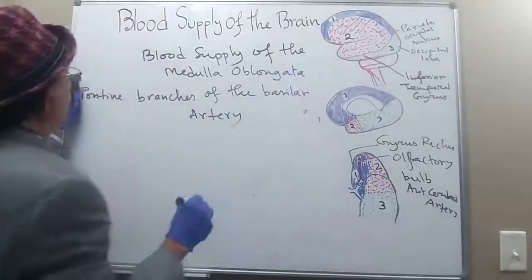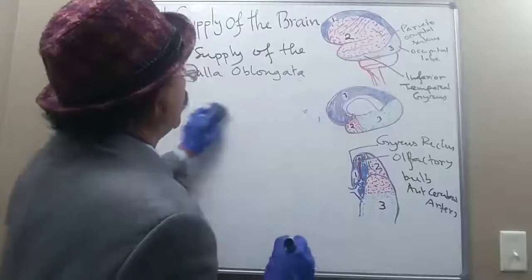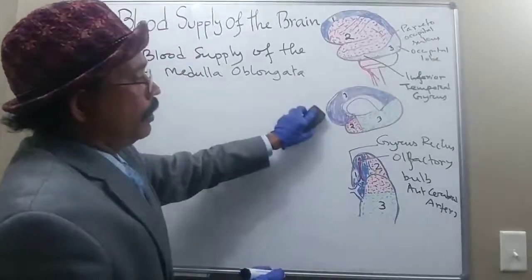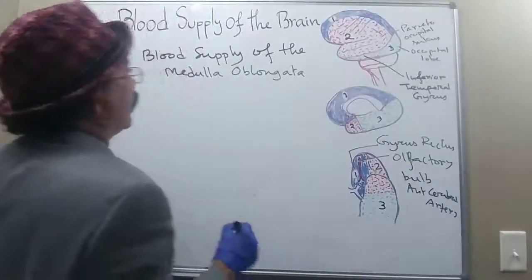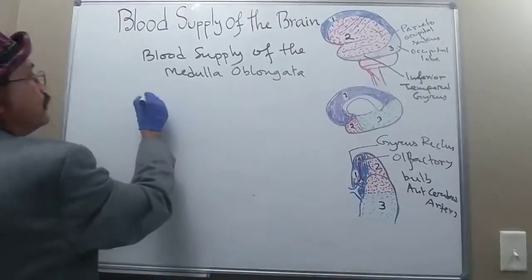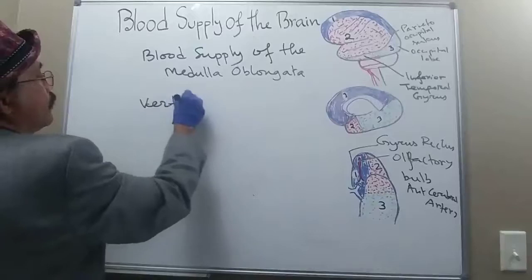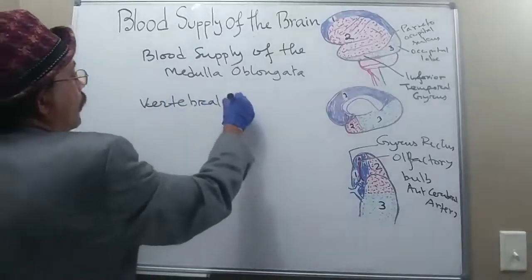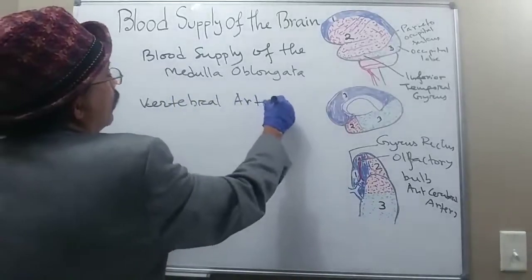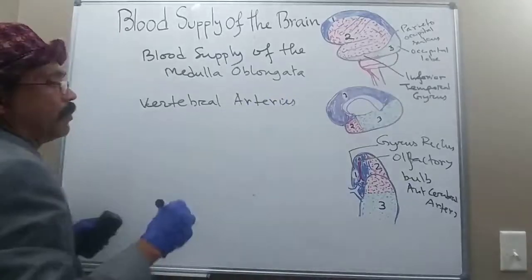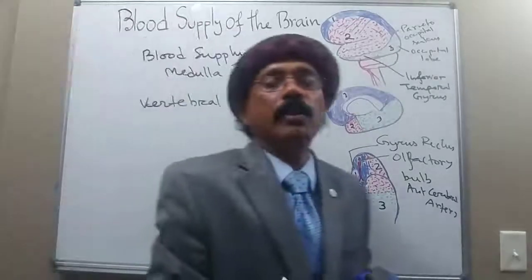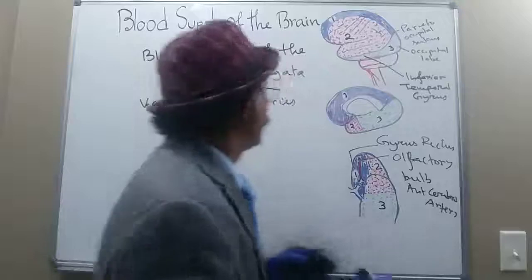Blood supply of the medulla oblongata is carried out by multiple arteries, like the upper part of the vertebral arteries. Vertebral arteries are branches of the subclavian artery.